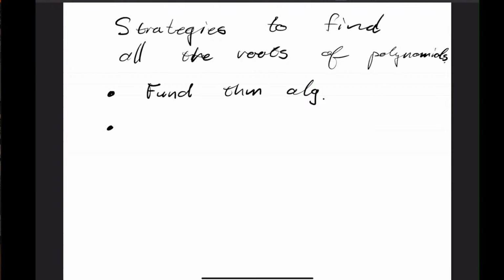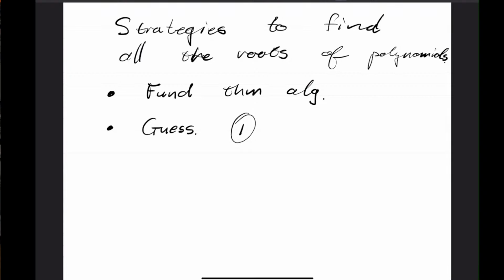And then we can guess some of the simple roots. We can guess and use the remainder theorem and the factor theorem to find some of the simple roots if the polynomial actually has some. So we will try 1, plug it into the polynomial, see if we get 0.